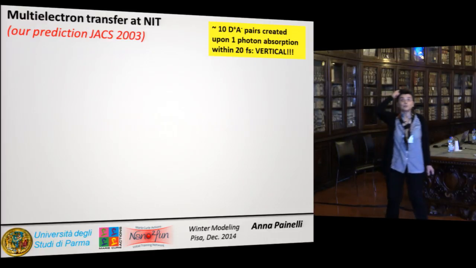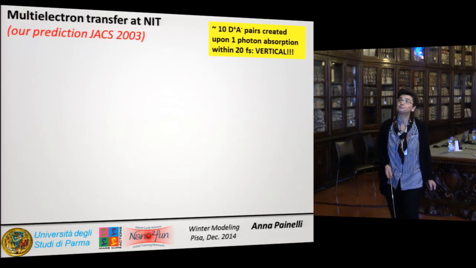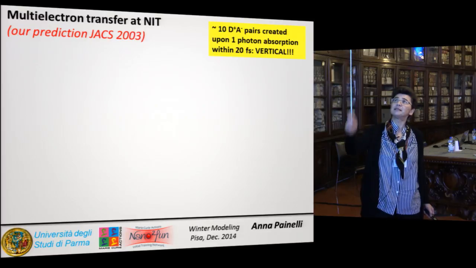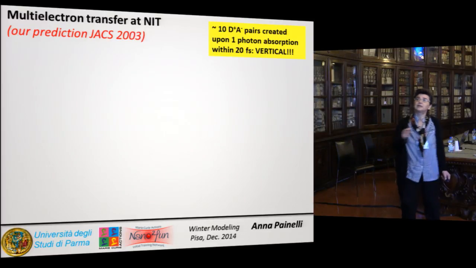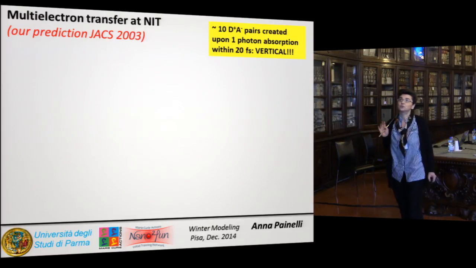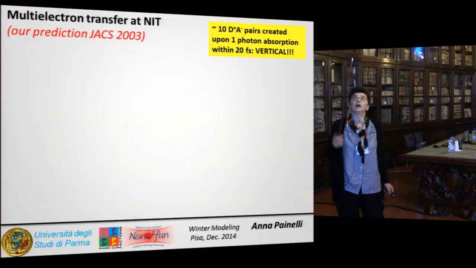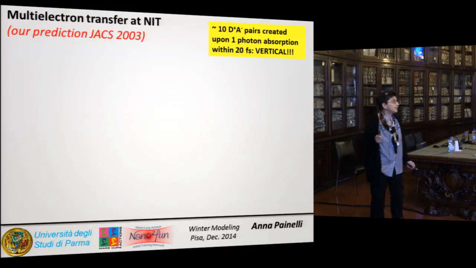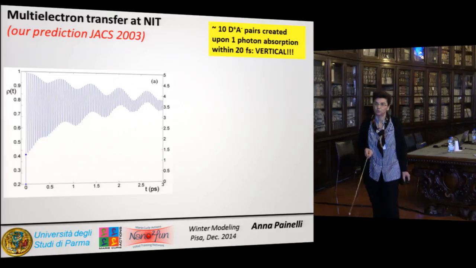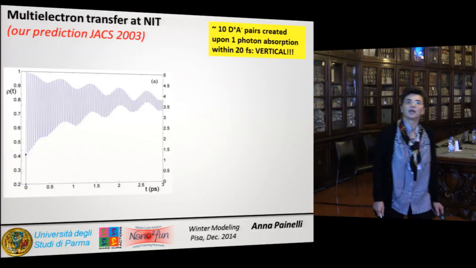Okay, now to this multi-electron transfer. As I told you, experimentalists found that in the first 20 femtoseconds, so almost vertical, one photon absorption moves 10 electrons, which is strange and interesting.